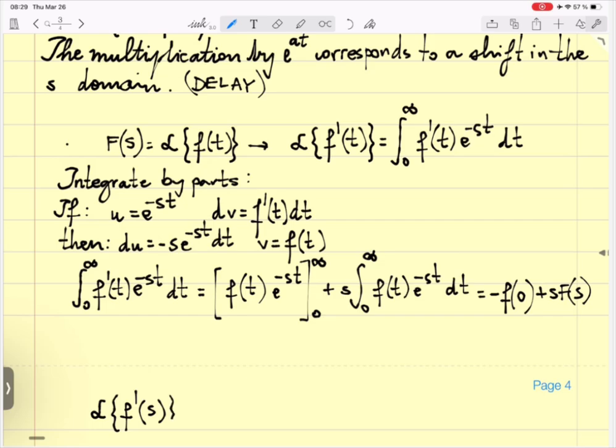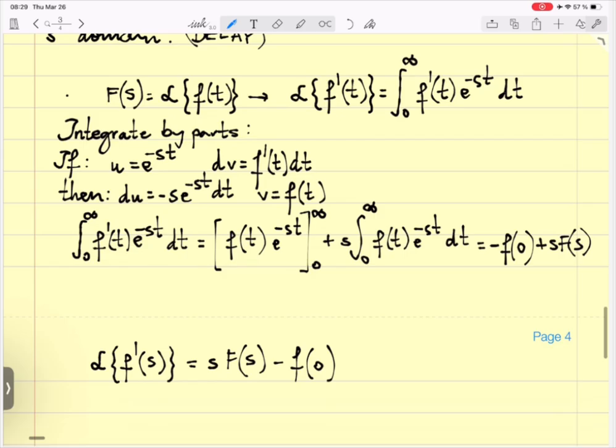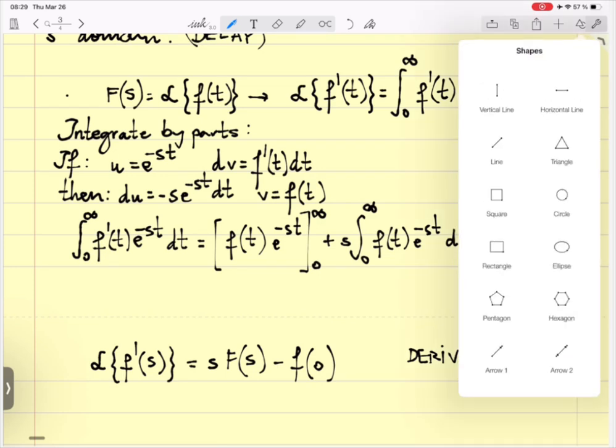The Laplace transform of the derivative of a function equals s multiplied by the Laplace transform of the primitive function minus some initial condition. And this is the derivative property of the Laplace transform.